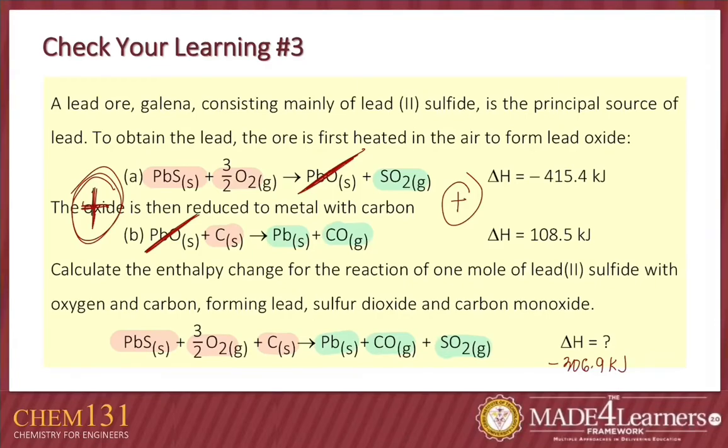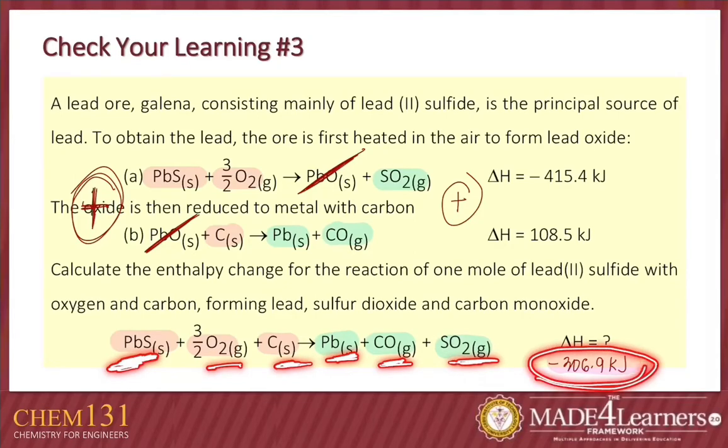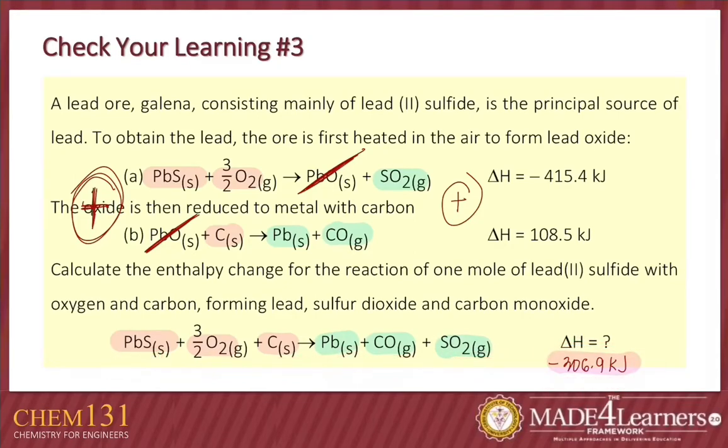So we can see that the reaction is exothermic. So when 1 mole of lead sulfide is reacted with oxygen and carbon, it produces lead, carbon monoxide, and sulfur dioxide, and will release 306.9 kilojoules of energy.